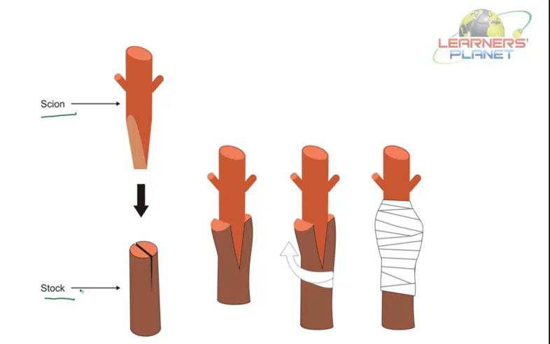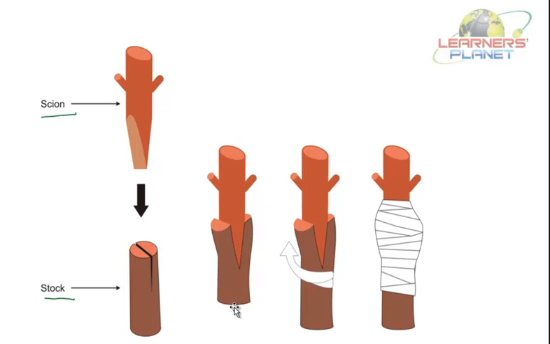Now here what happens, that a bud or a cutting that has several buds, called the scion of one plant, is placed over the cut stem with roots of another plant called stalk. So these both are the parts of different plants, right? This is a different plant and this is also a different plant.